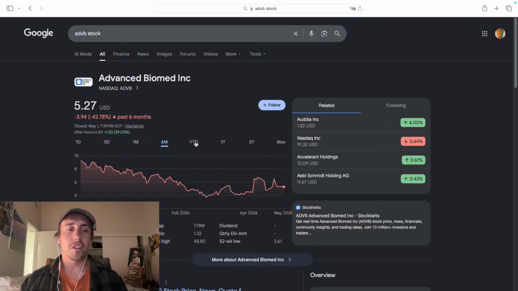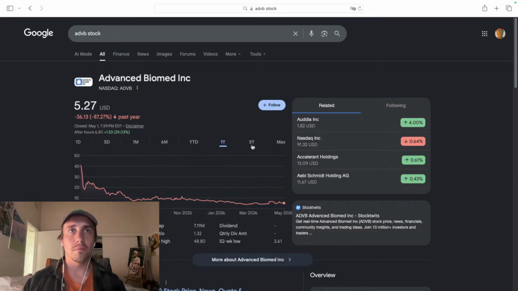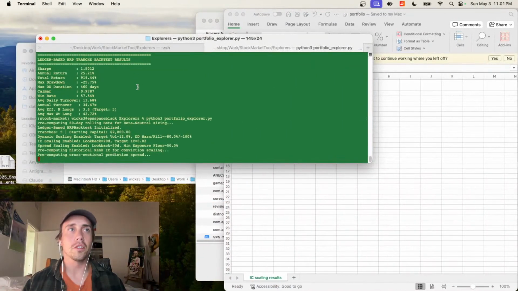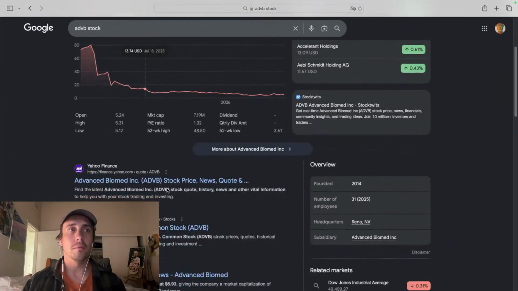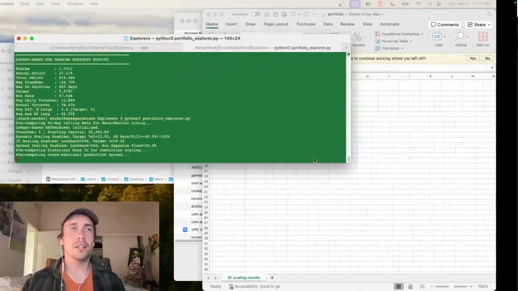Anyway, the price to earnings ratio is 1. I don't know, man. It looks like it's going to nothing. I guess it's just been listed for the last year. Biomed. Advanced Biomed. Seems self-explanatory, right? Doesn't give any summary there.